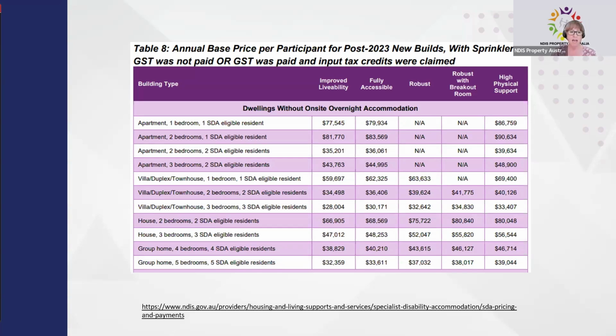The location factors are based on what's known as an SA4, a statistical area which comes straight off the ABS data, Australian Bureau of Statistics. The entire Gold Coast is one SA4. So there's one location factor that applies.